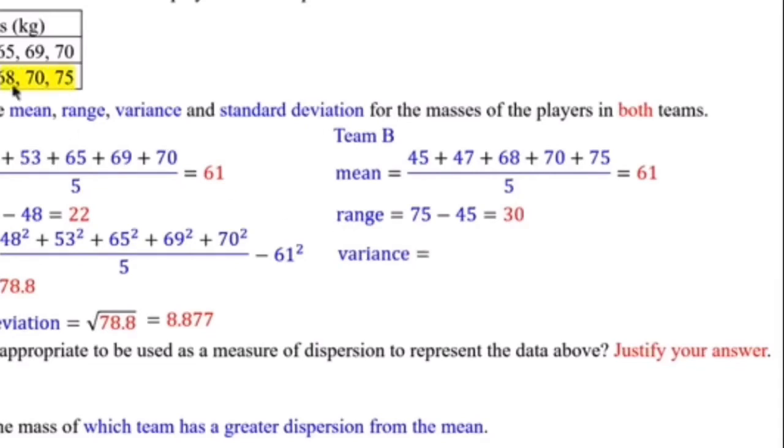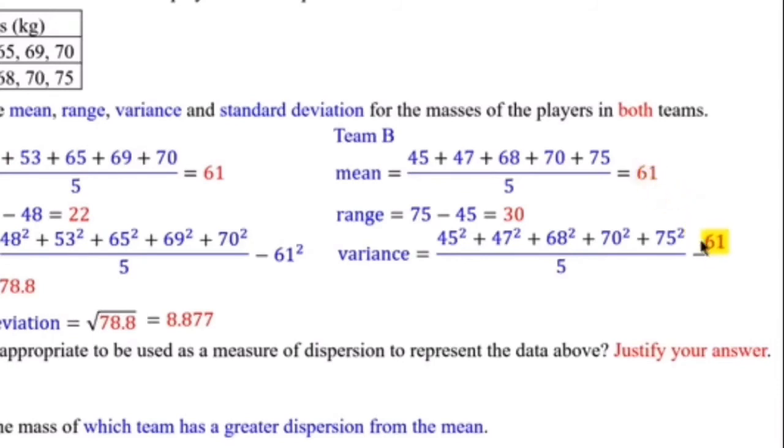Variance, we take the data, square one by one and add: 45 squared plus 47 squared plus 68 squared plus 70 squared plus 75 squared over 5, minus the mean just now, 61 squared. Remember to square. So the variance is 155.6.